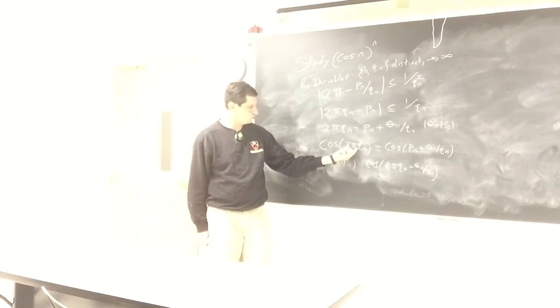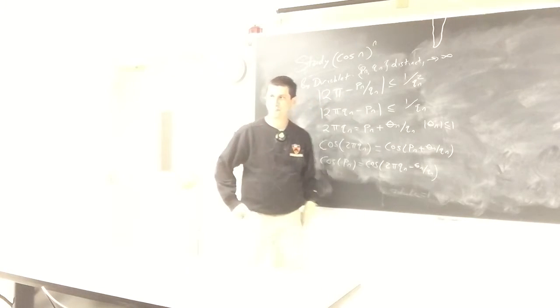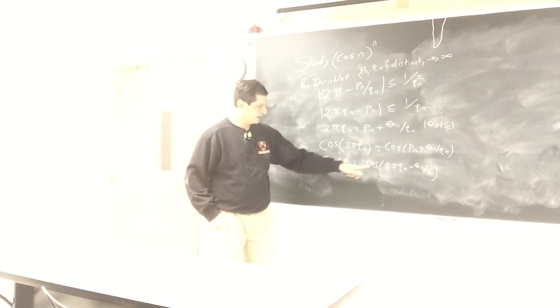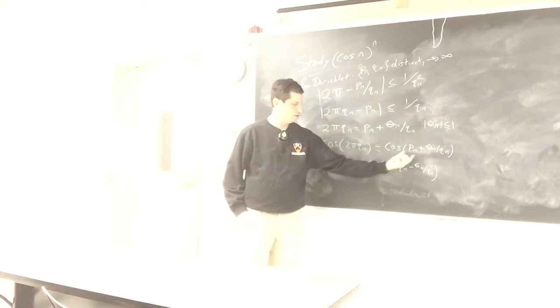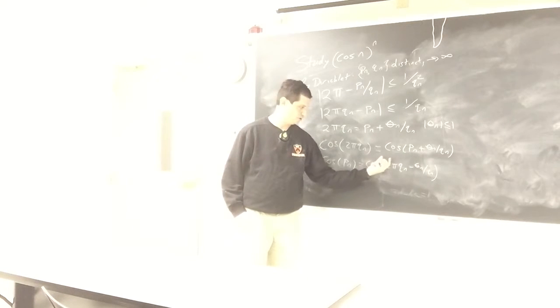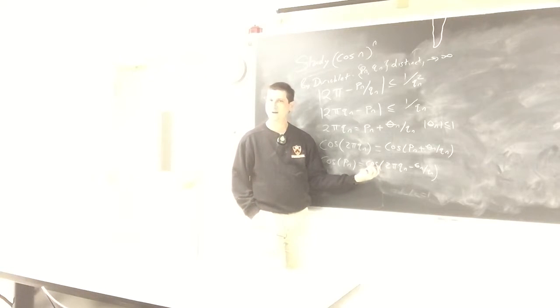If I look at this one, this is 1, but now I have to expand using the angle addition formula with the cosine of pn and the cosine of theta n. Ugh, I don't know both. But with this, I know the cosine of 2 pi qn. When I expand that out, I'll get cosine, minus, plus sine. Sine, right? But is it a minus or is it a plus? I think it's sine a plus b over 2, sine a minus b over 2.